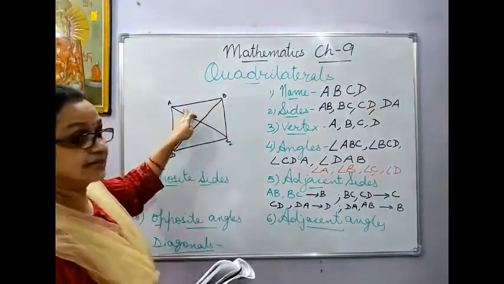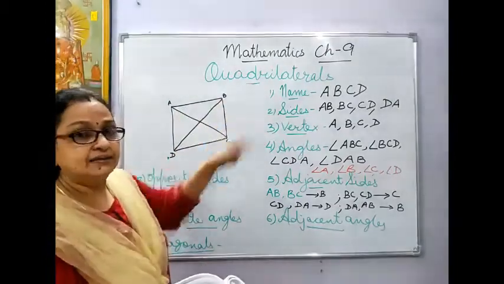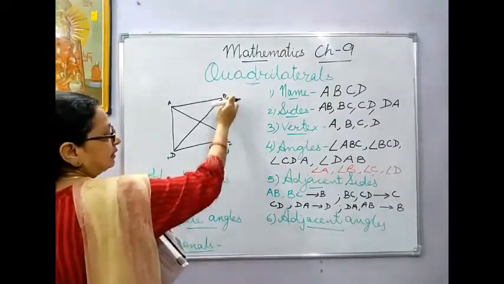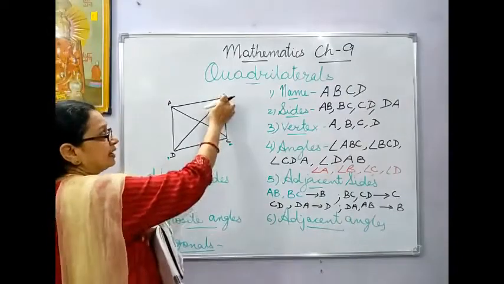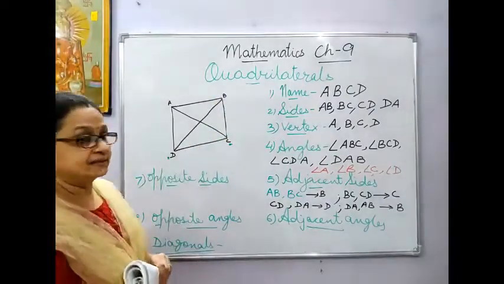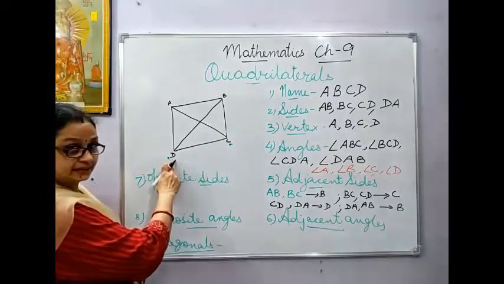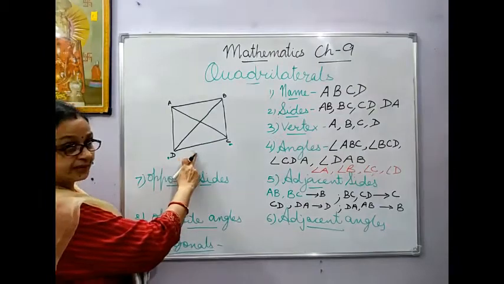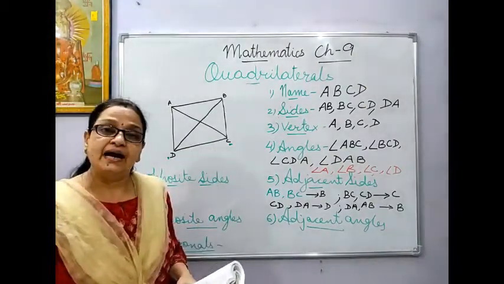They have a common side. That is why they are called adjacent angles. Similarly, this is angle B, this is angle C, and they have a common side. So they are called adjacent angles. Similarly, this is angle C, this is angle D. They have a common side, and that is why they are called adjacent angles.